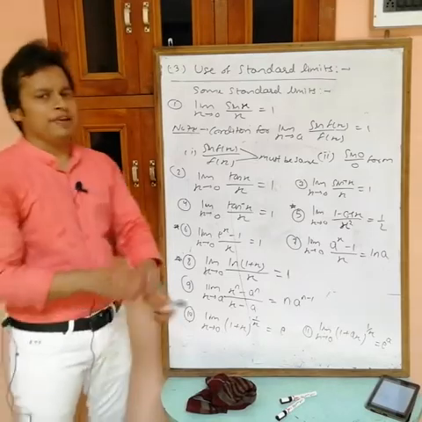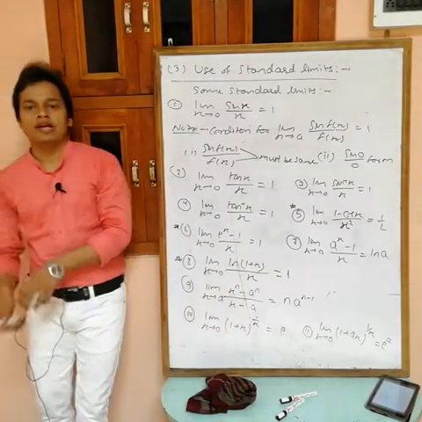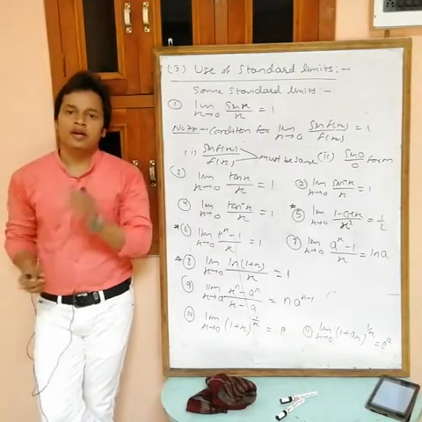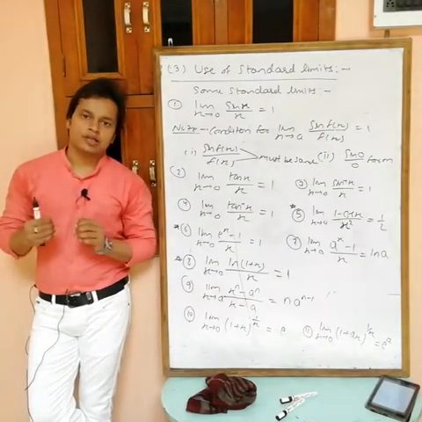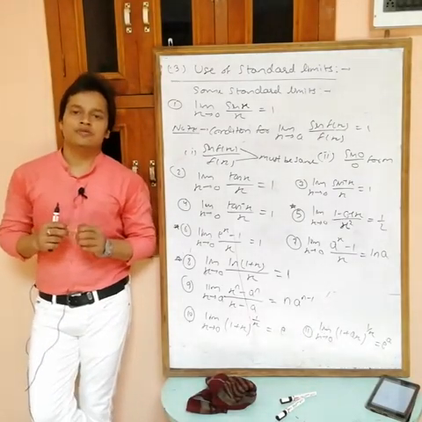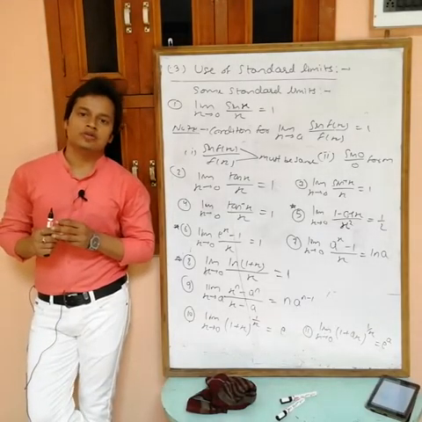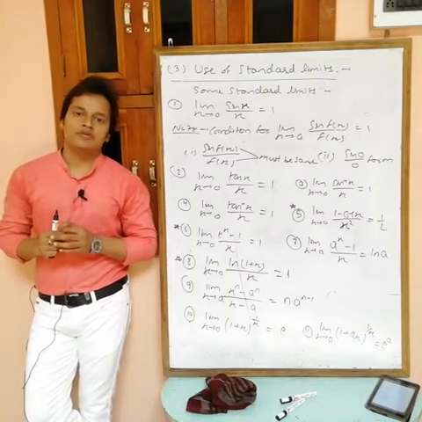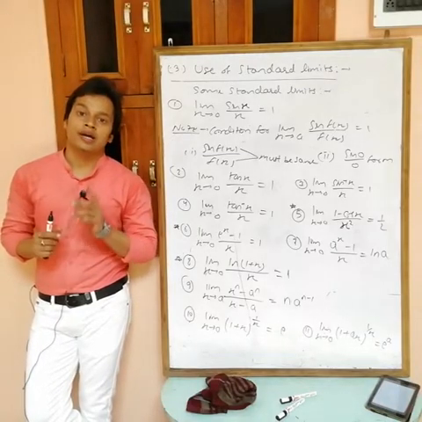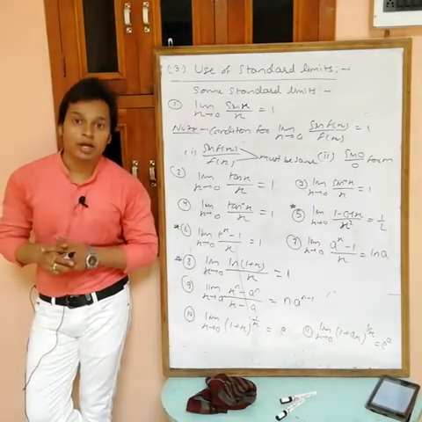So simply, limit x tending to 0, sin x by x equals 1, tan x by x equals 1, sin inverse x by x equals 1, tan inverse x by x equals 1. Limit x tending to 0, 1 minus cos x by x square equals 1 by 2.